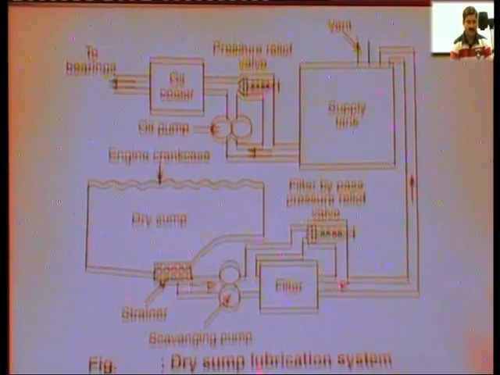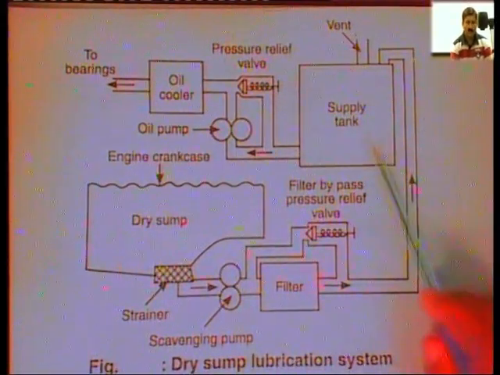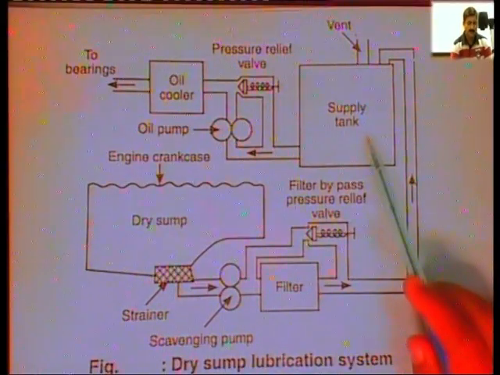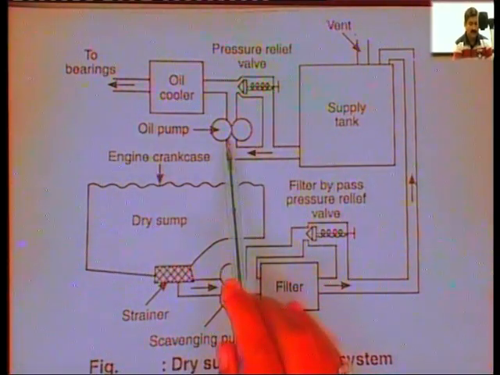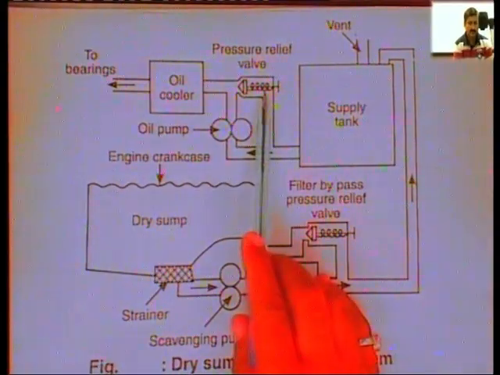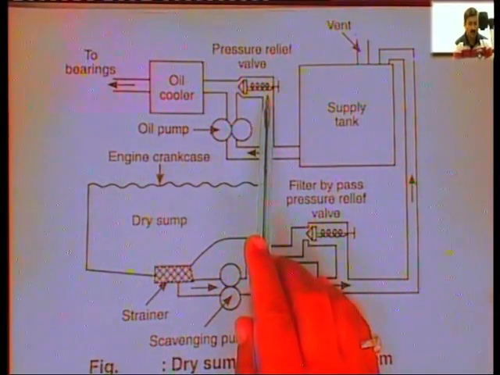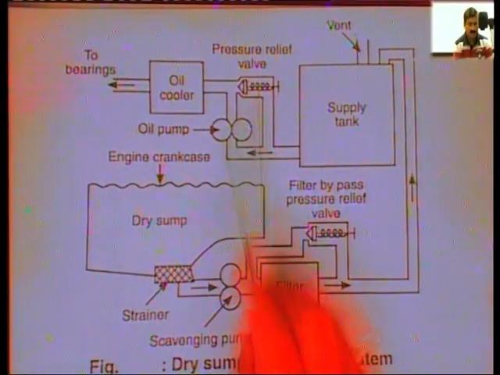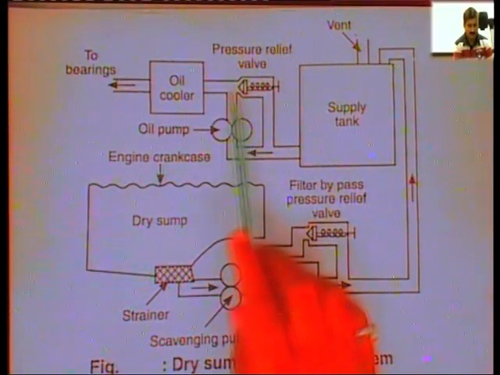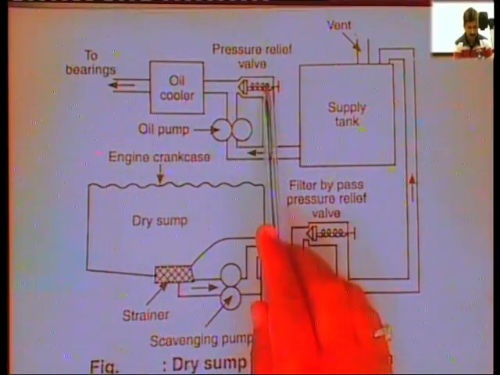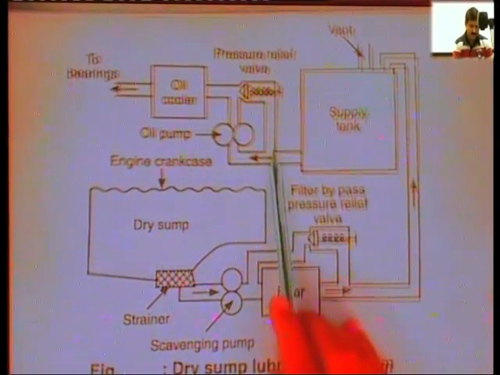We will see in this diagram, all the lubricating oil is stored in this supply tank, and from here the oil is taken. Here is the oil pump, and you can see here is a pressure relief valve. The purpose of this pressure relief valve is only to open when there is high pressure on this supply line, and it will divert the oil pressure to the back side of this intake line.